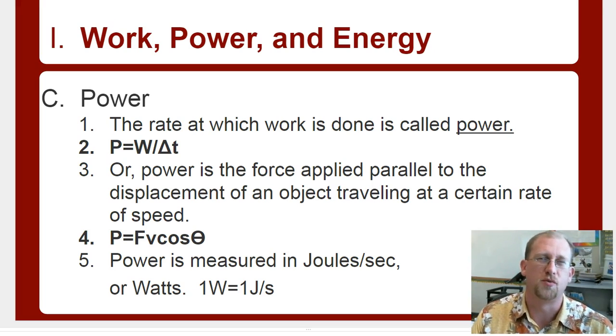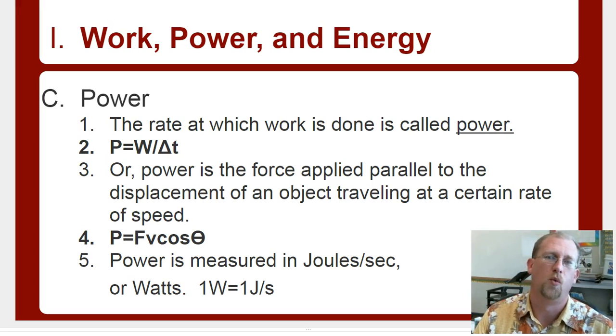Okay? Power has to do with the speed at which work is done. So the mother equation for that is power is work divided by a certain amount of time. Okay? You could also blow up the work equation and isolate the mass from that and the unit time, and you could turn that into a velocity.